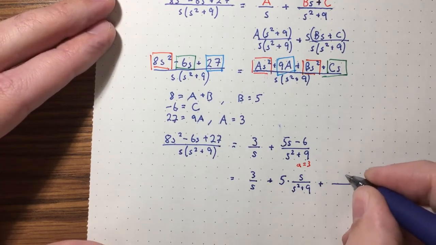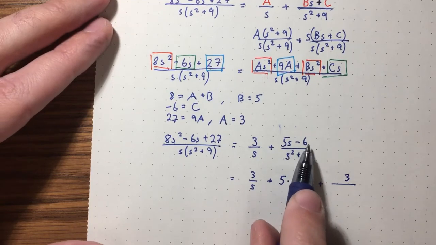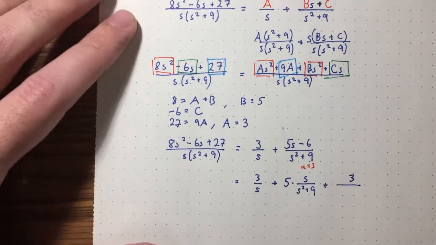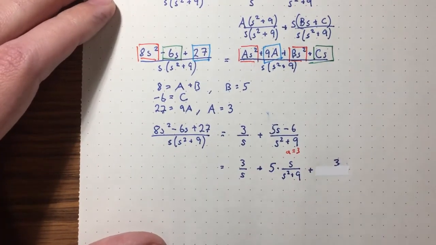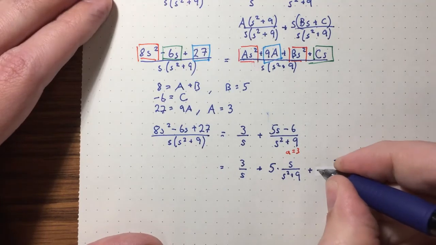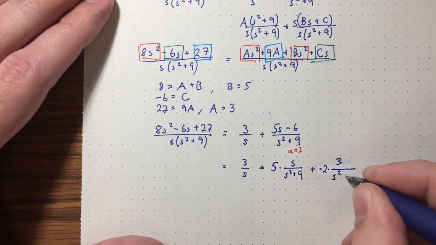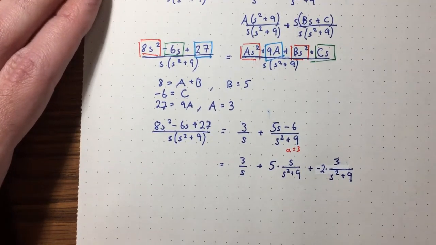So I want a 3 here, so I'm going to put a 3 in there. I had a minus 6 though. I can't change the problem, right? So I actually need to put a little more room here. I need to do plus a negative 2 times 3 over s squared plus 9. Okay.